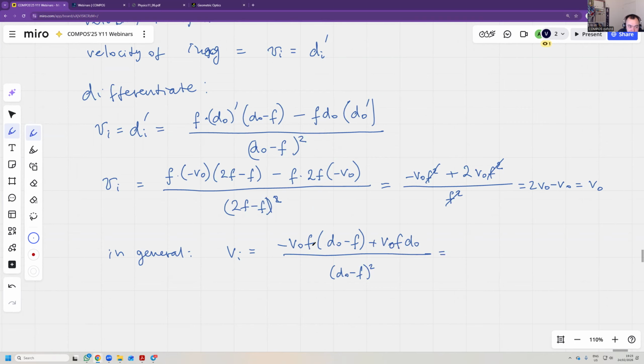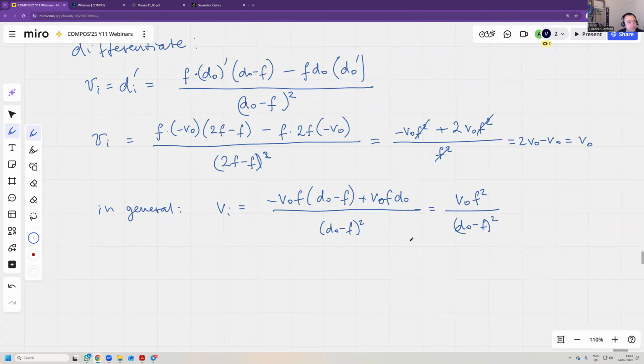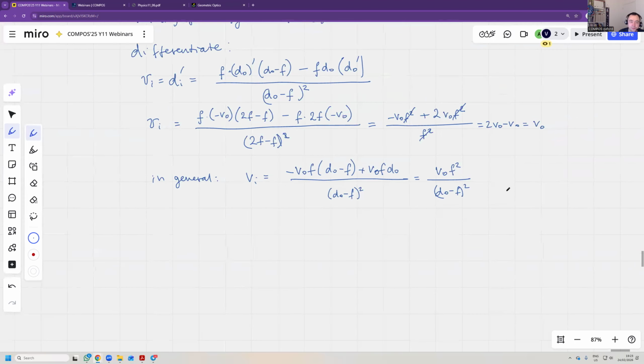So that's going to be v0 f squared divided by (d0 minus f) squared. I think that's it. Yeah, brilliant.